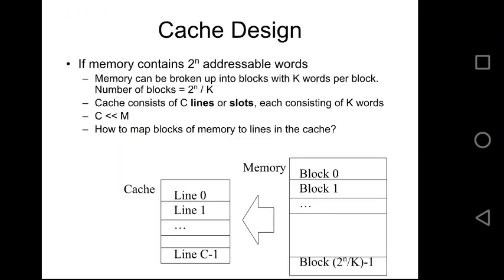Now let's see how a cache is designed. If a memory contains 2 power n addressable words, that means there are 2 power n possible addresses. The memory can be broken into blocks with k words per block.